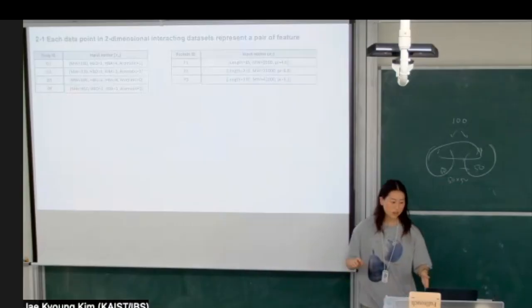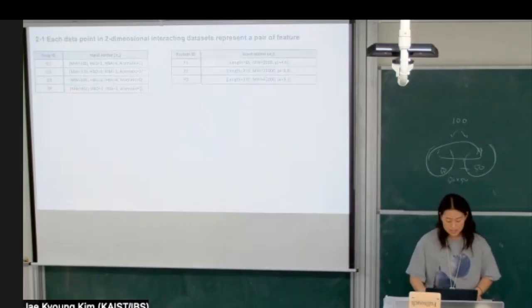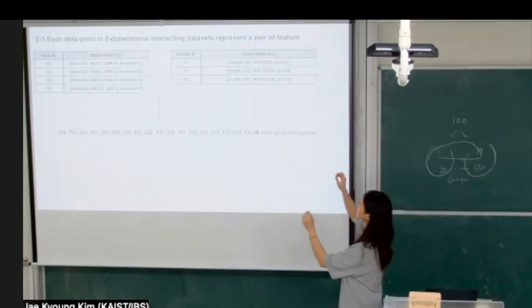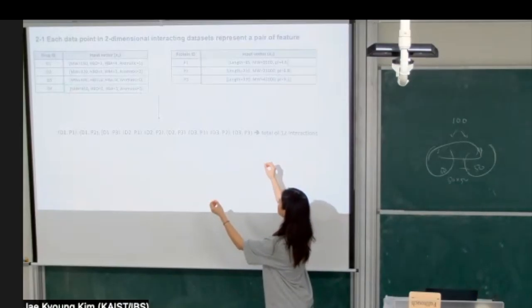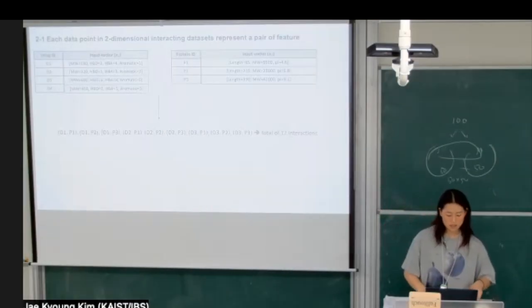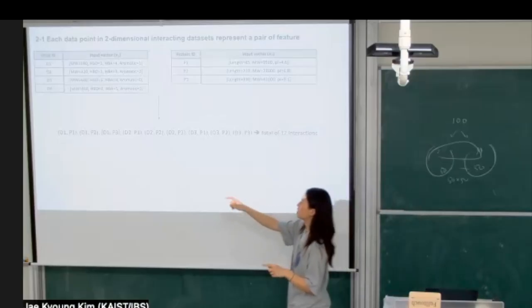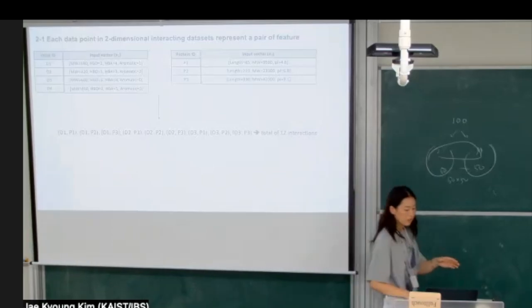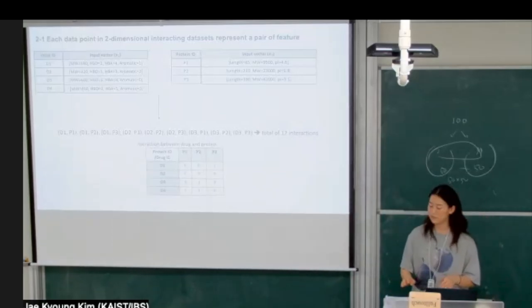The reason why it's called an interacting dataset is it makes a pair between each data point of drug and protein. So it'll make a total of 12 interactions, and these are basically the data points. I'll show you how we could visualize it.